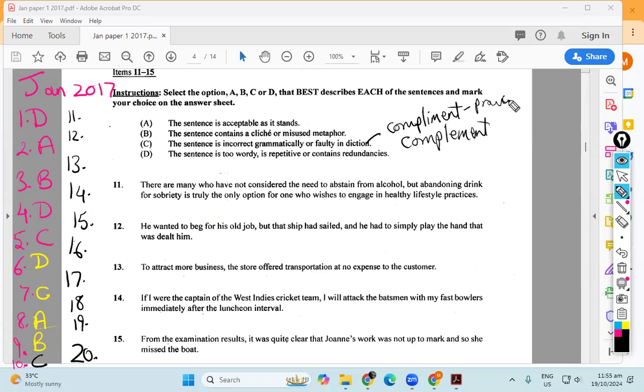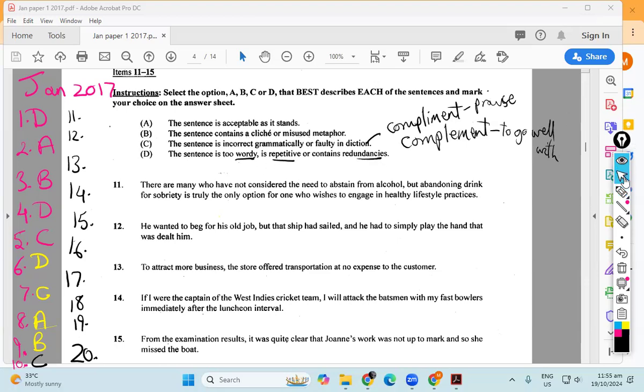This is what they mean by diction, right? The wrong word. And they use this complement, which means like to go well with, to match. Or D, the sentence is too wordy, repetitive, or has redundancies, because all these three things mean the same thing.